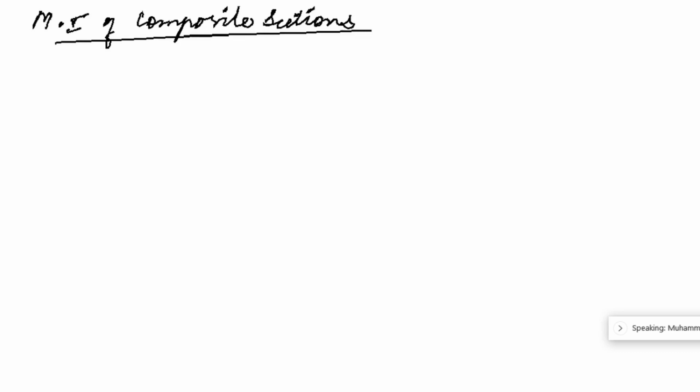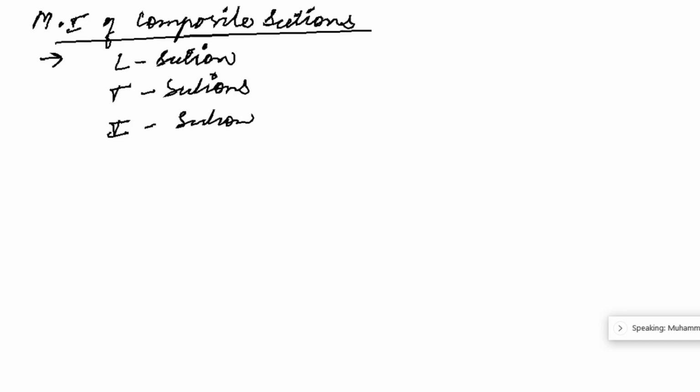We are dealing with areas right now, not volume or weight or anything else. So we are calculating the moment of inertia of different areas. In such cases, we have to deal with L sections, T sections, composite I sections, and so on.